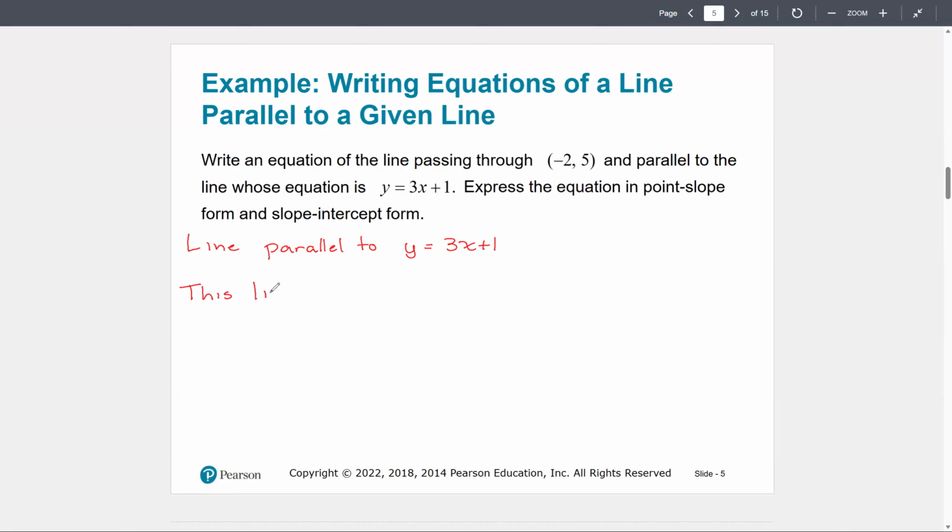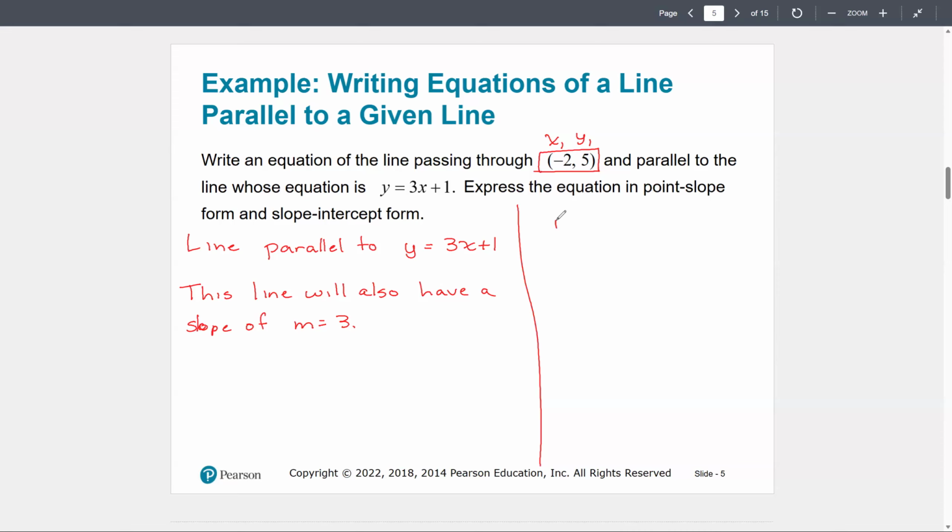Because parallel lines have the same slope, this line will also have a slope of m equals 3. We are already told an ordered pair, so we pretty much have all the information we need to find this line.